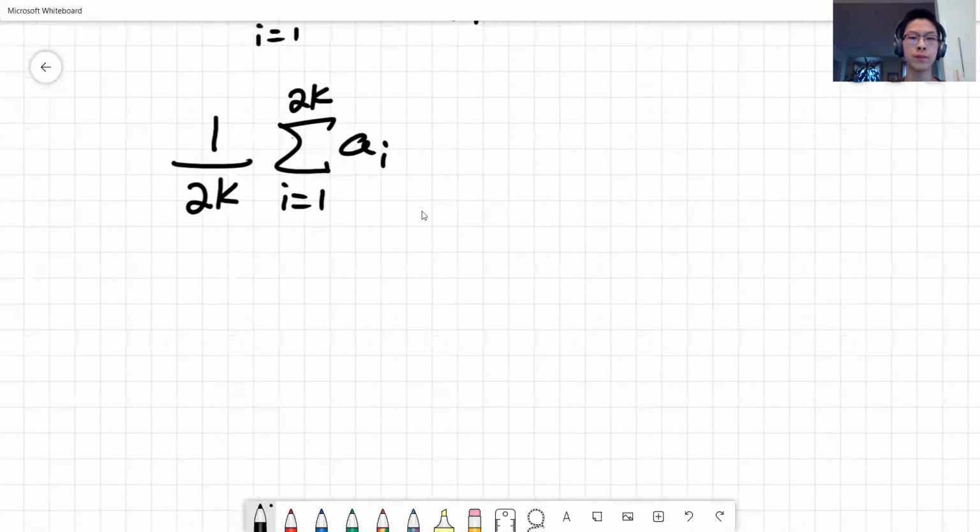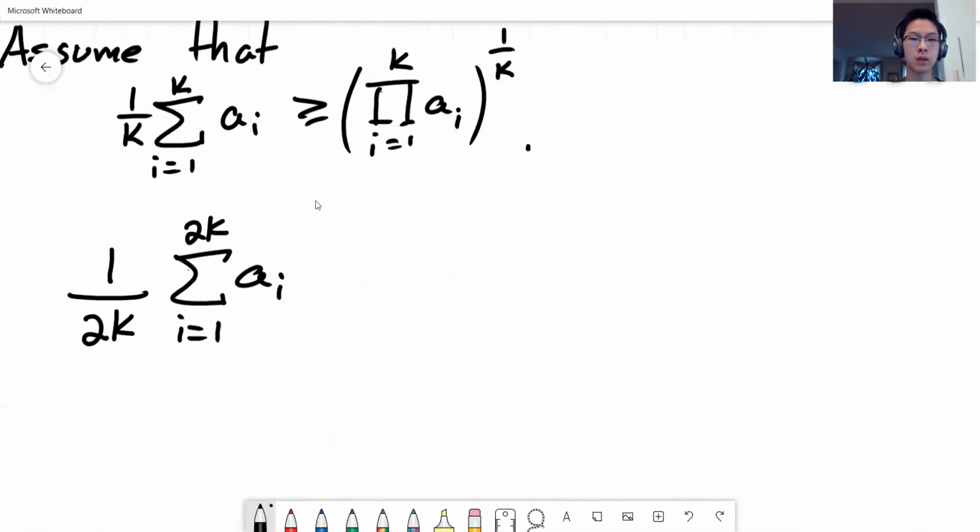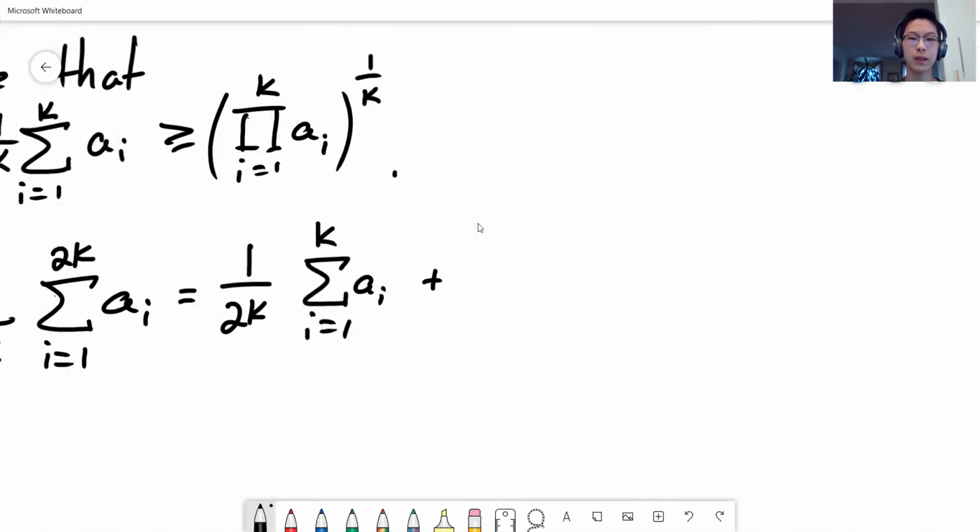So this sum right here will split into 1 over 2k times the sum from i equals 1 to k of a sub i, and then we're going to add the remaining terms, so this is i equals k plus 1 to 2k of a sub i.